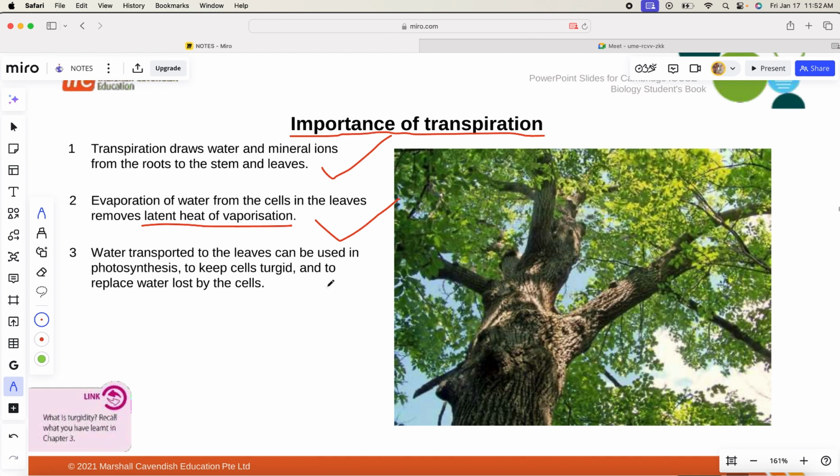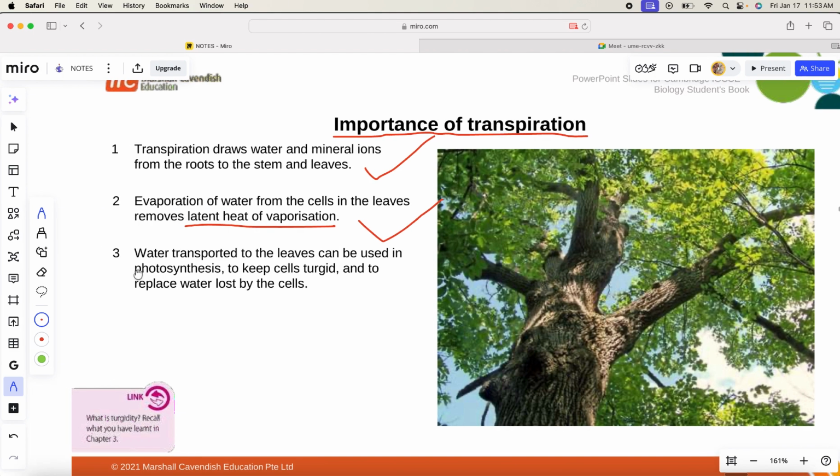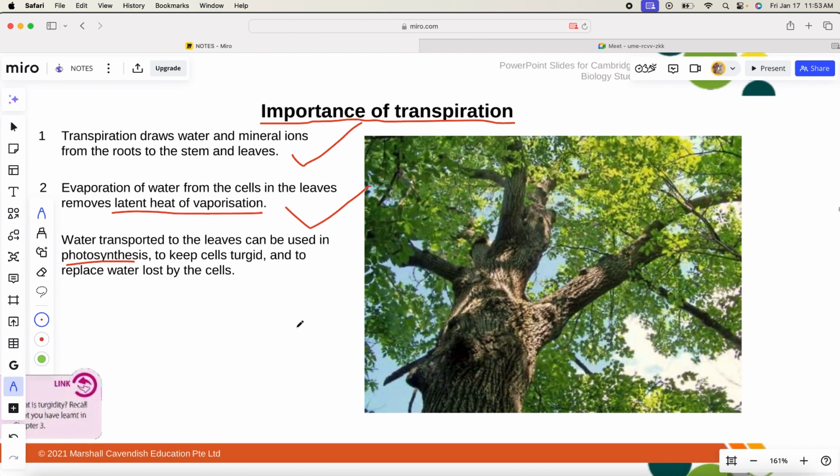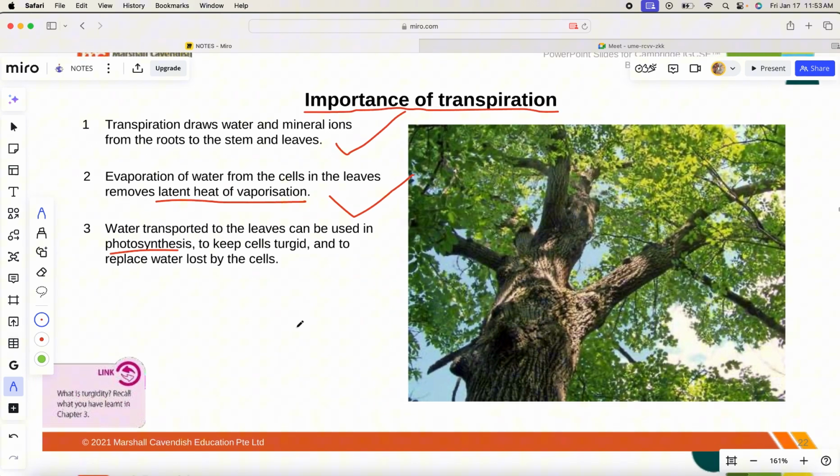The third very big advantage or benefit of transpiration. We mentioned the first one: it enables the plants to draw water and mineral ions from the ground. The second one, it enables the plants to get rid of latent heat of vaporization. The third one is the water transported to the leaves can be used in photosynthesis. This is very important, and photosynthesis is very important.